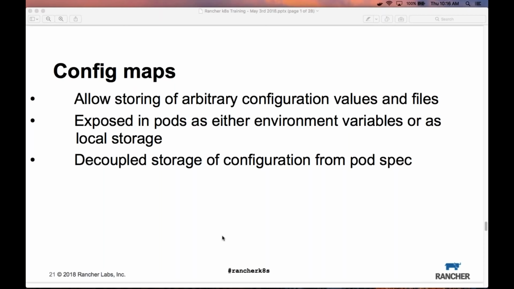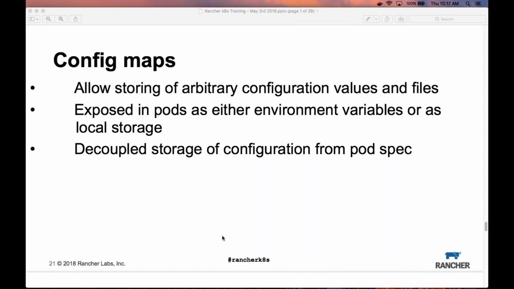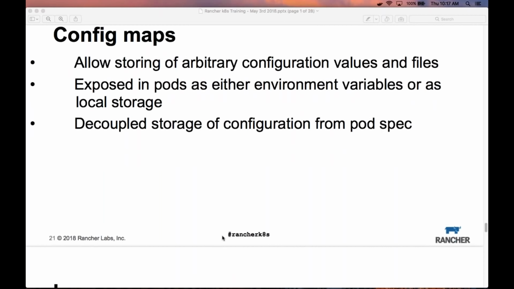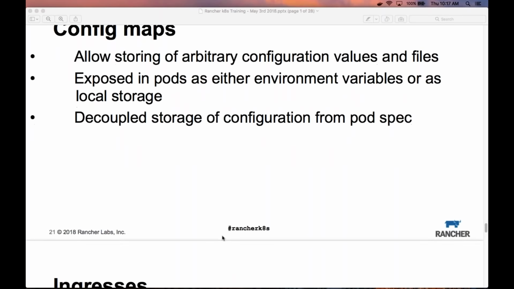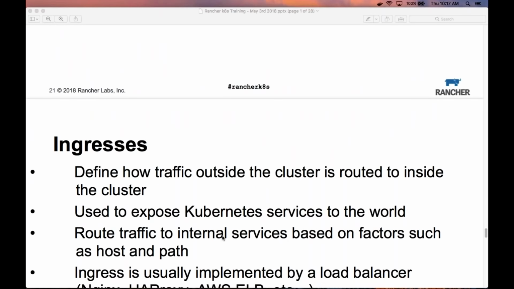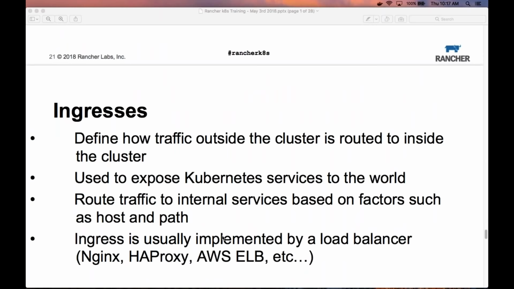So for instance, the key value could be my Nginx config, and you could dump that straight into the Nginx directory if you want, which is nice because then the configuration is now outside of the pod definition. Well, the values are stored outside the pod definition.